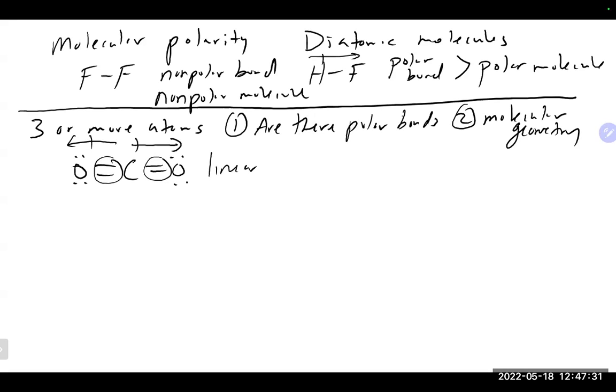And because of that, they're going to basically cancel each other out. It's like a tug of war, oxygen pulling this way, oxygen pulling the other way. Nobody's going to really move. And although it does have polar bonds, this guy is actually going to be a non-polar molecule. So you do have to take into account the geometries in these cases when you have 3 or more atoms and if there's polar bonds or not.